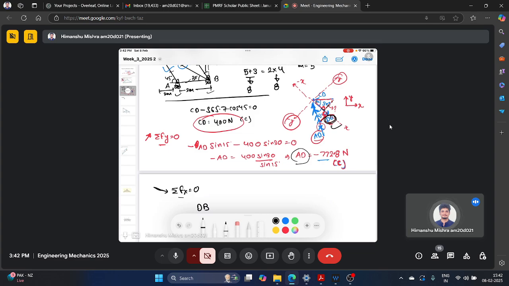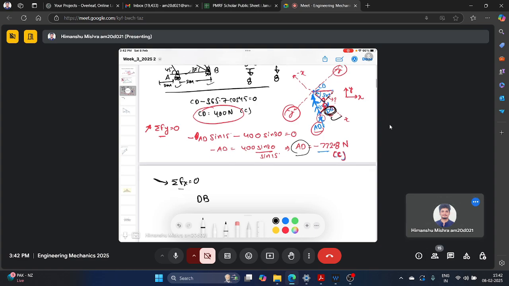So from the use of the same triangle we can actually calculate the x component of CD and AD as well. So when you look at this triangle, this triangle and this triangle, you will find, sorry, AD multiplied by cos 15 minus 400 because it's going in the minus x direction, which is cos 30 equals 0.